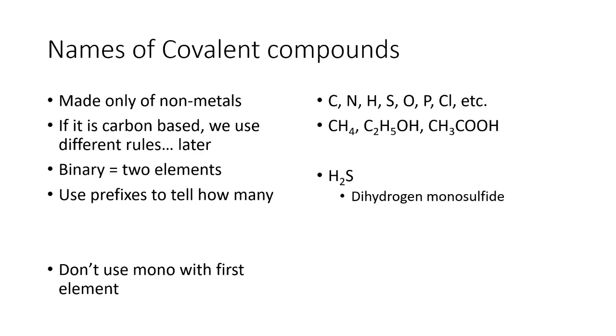Now for the sulfur, there's not a number there. So in chemistry, I say the number 1 is invisible. We don't write it down because we know there's a sulfur there. We don't have to tell you how many because you know it's there. It's not like you think there's 0. So if there's no number, then it's 1 and we use mono. So we would call this dihydrogen monosulfide.